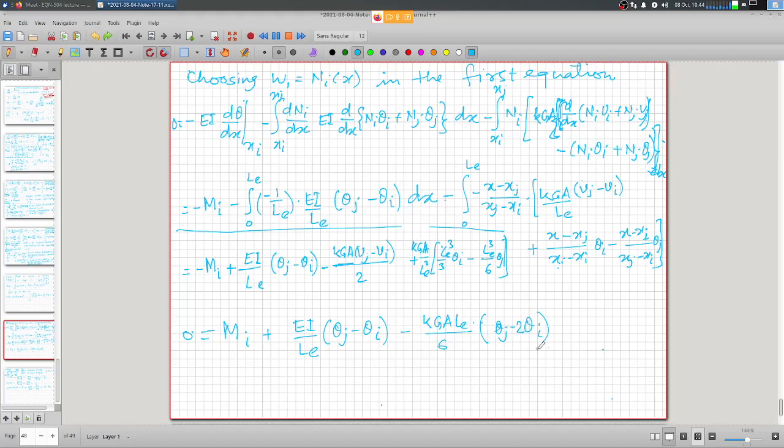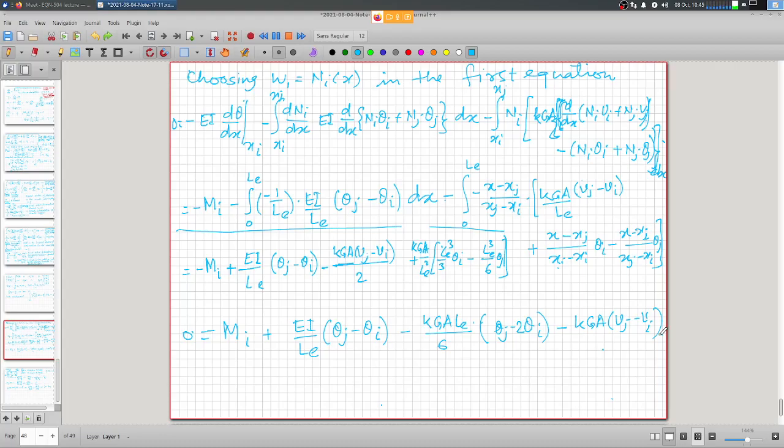Right? And then we have kGa vj minus vi. So I am getting Q by 6 in positive. Work it out, whatever is the correct sign, check it out.